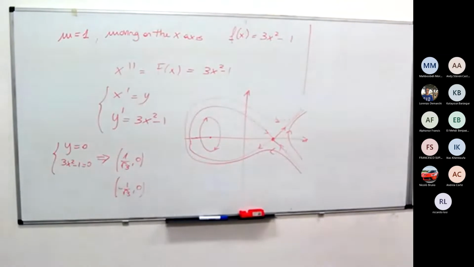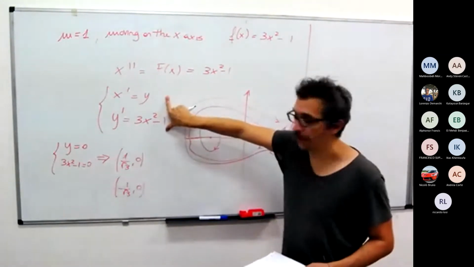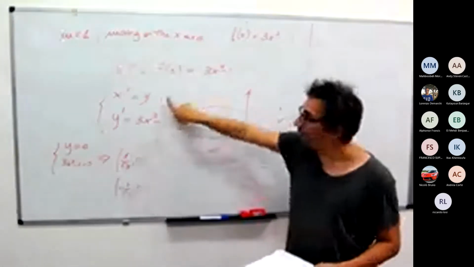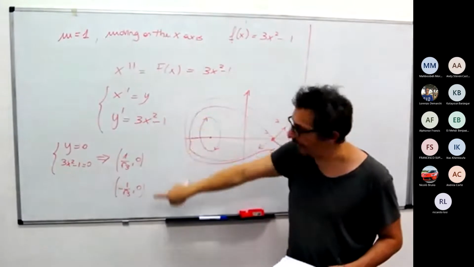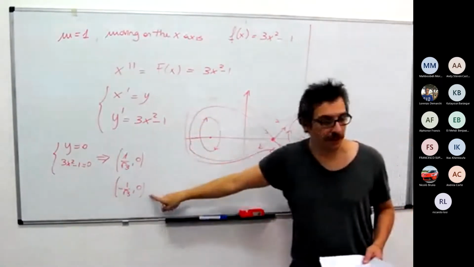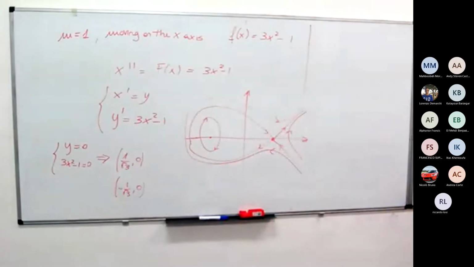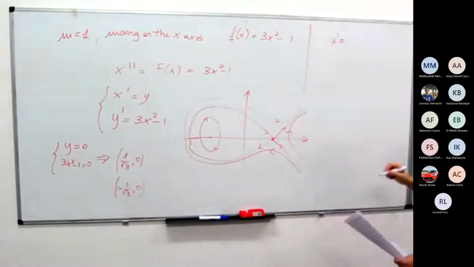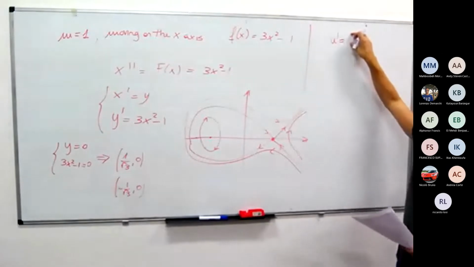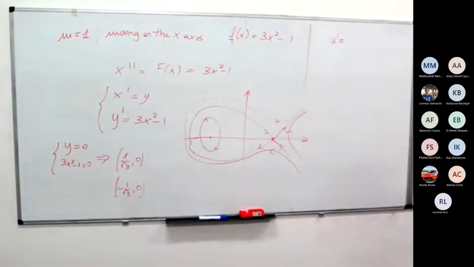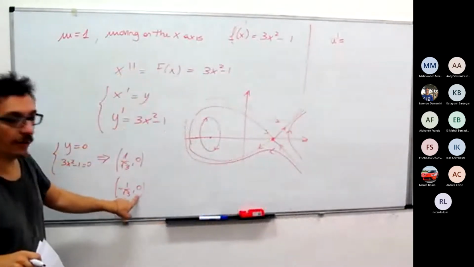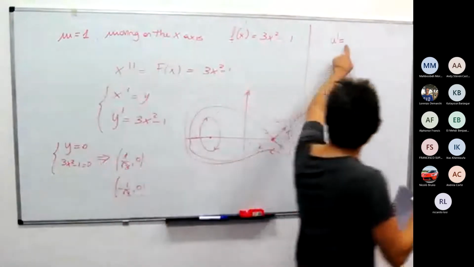Now what I have to do is to linearize this system around the two critical points. So I'm starting by linearizing this around minus 1 over square root of 3, 0. So this is u prime equal to, you remember, the function on the right hand side evaluated in the critical point, but the right hand side is just y evaluated here in 0, which gives me 0.